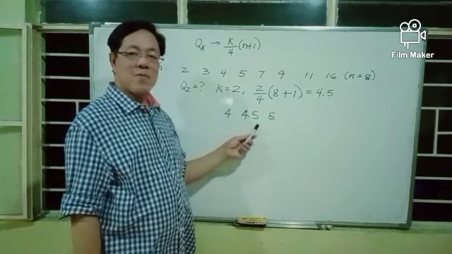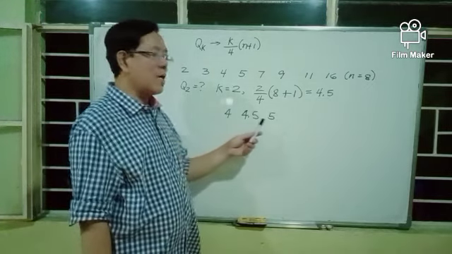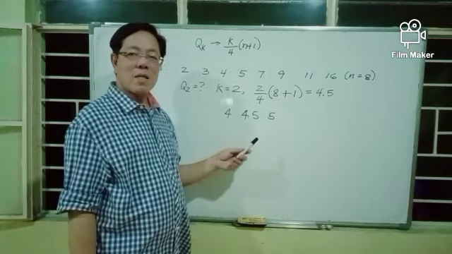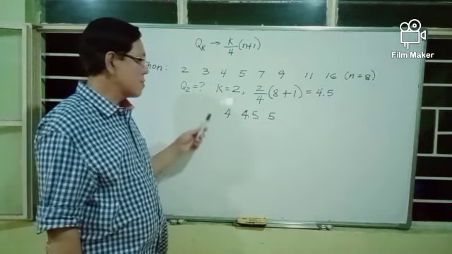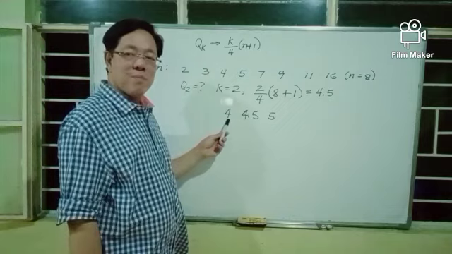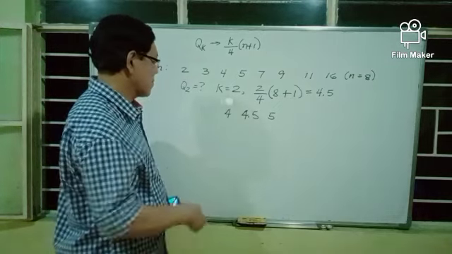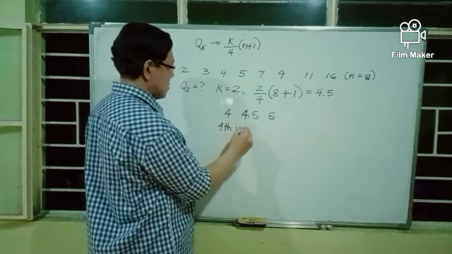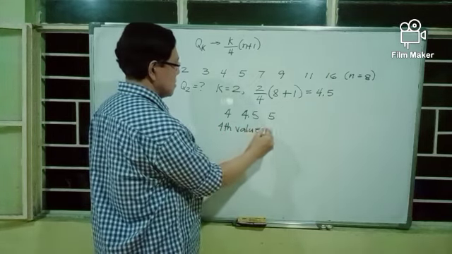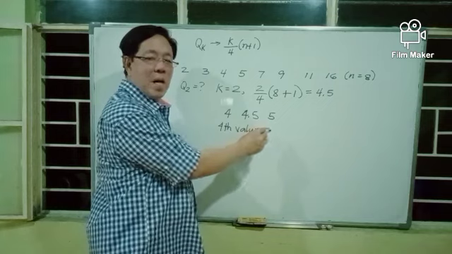You can see 4.5 is between the integer 4 and the integer 5. And this means that the value of the second quartile is between the fourth value and the fifth value.